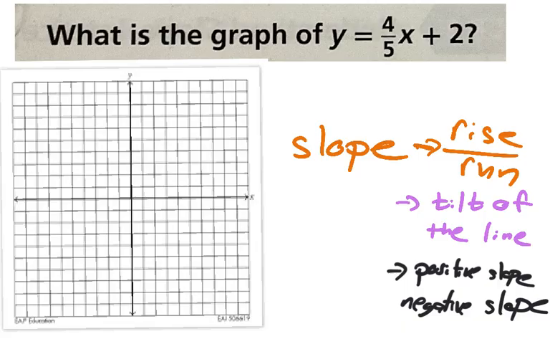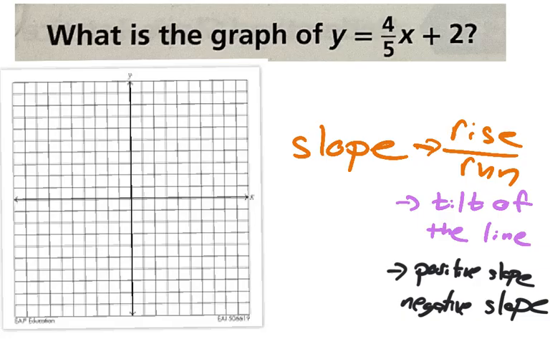Very good. So when we look at a graph, it's just like we read words. How do you read words? Left to right. How do you read a graph? Left to right. So if I'm looking at this graph from left to right, if the line is going up, that means it has a positive slope. If the line is going down, it has a negative slope.